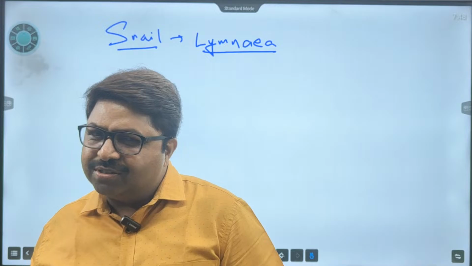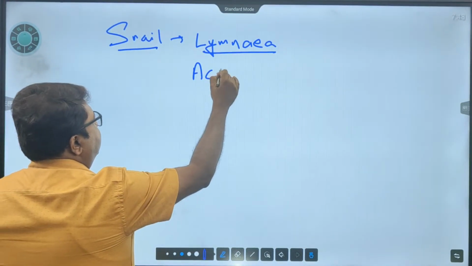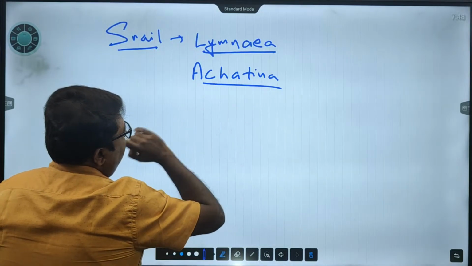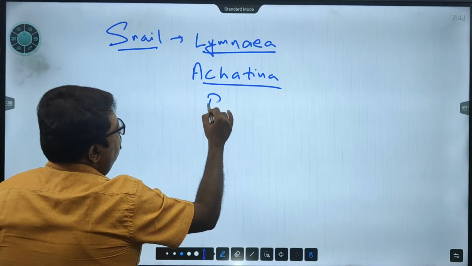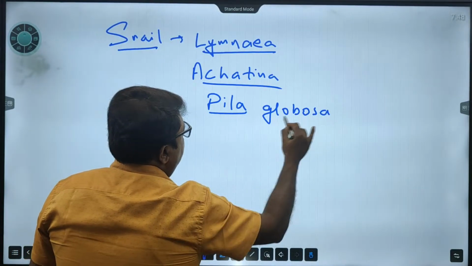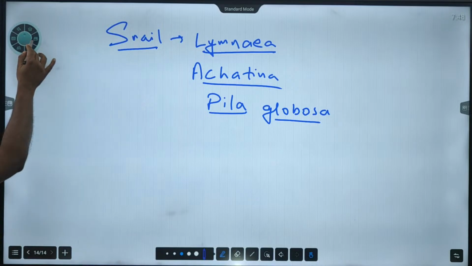Limnaea is a pond snail. Another one is the apple snail, Pila globosa. It's there in your book, have a look. And let me show you.